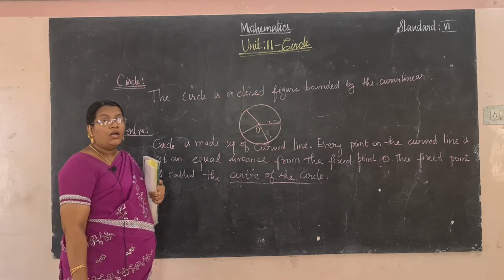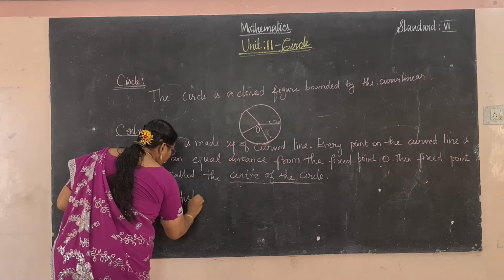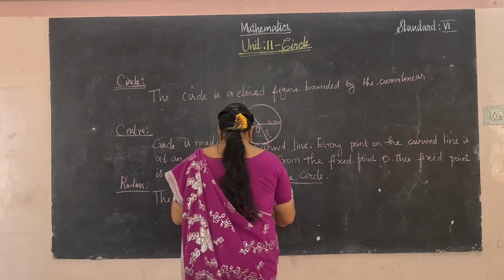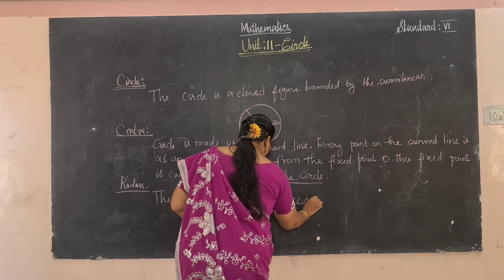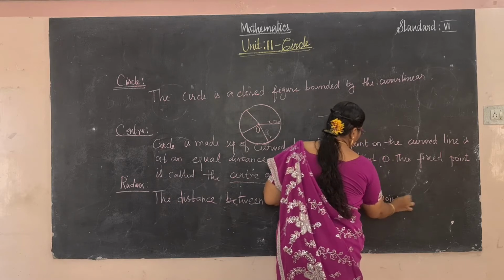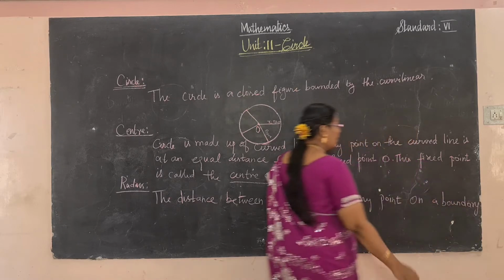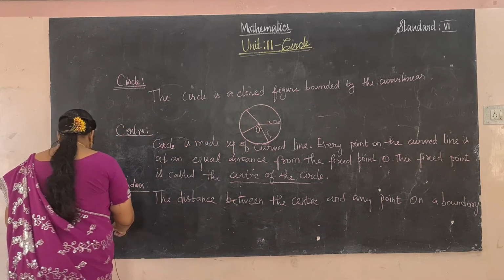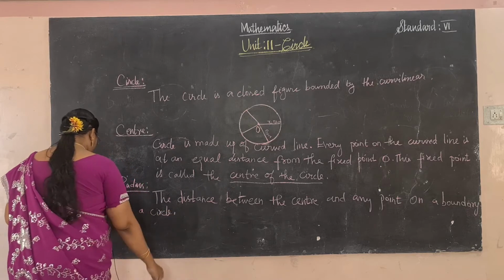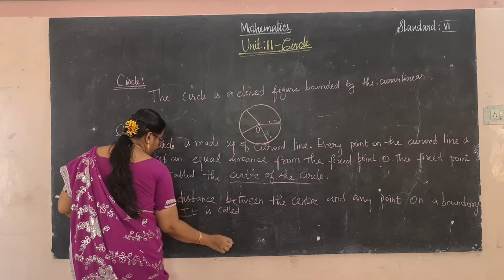It is denoted by R. So radius means the distance between the center, that is the fixed point, and any point on the boundary of a circle.